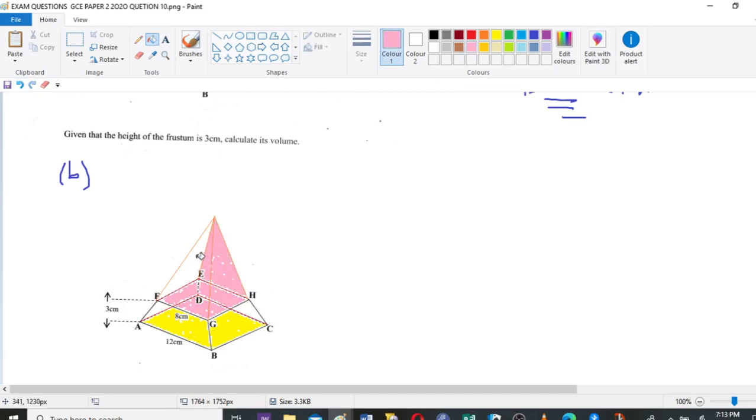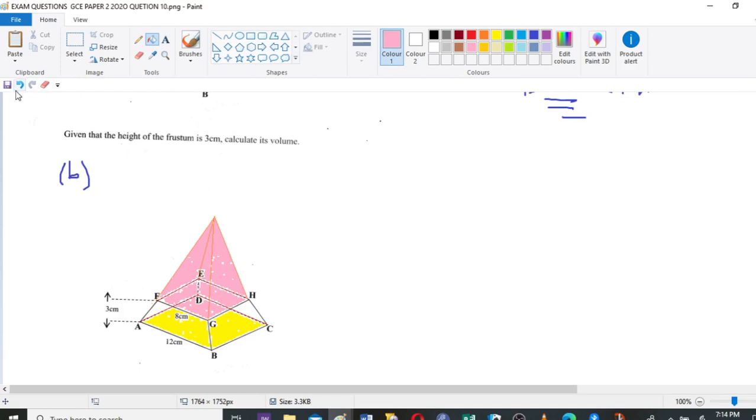Pink will be visible enough. All right, so that is the top part. Hope you are able to see it. So I want to find the volume of this frustum if we remove this top part, that is the pink one.